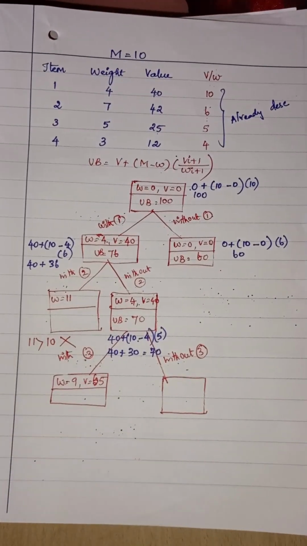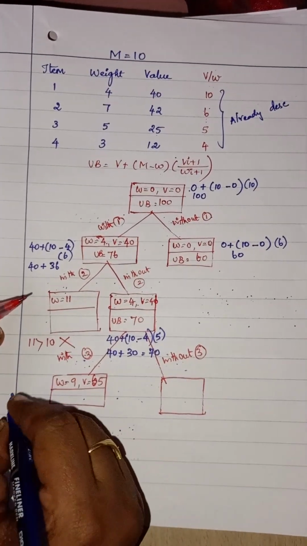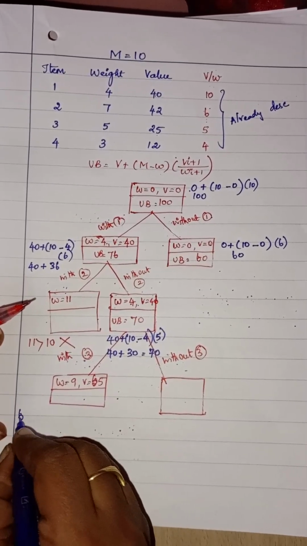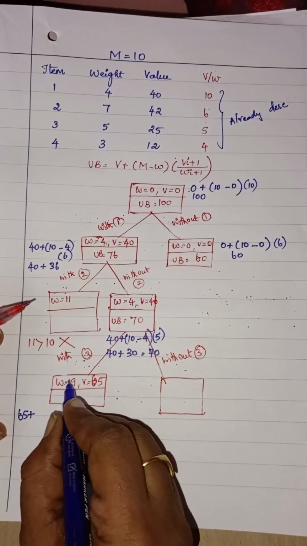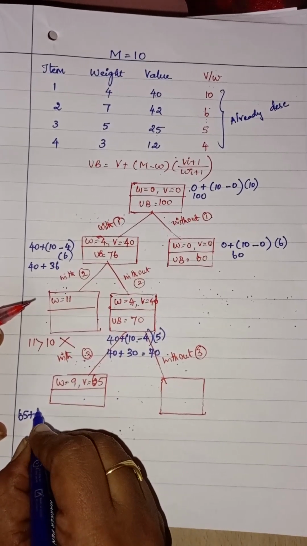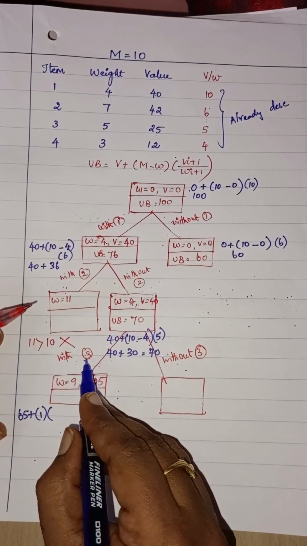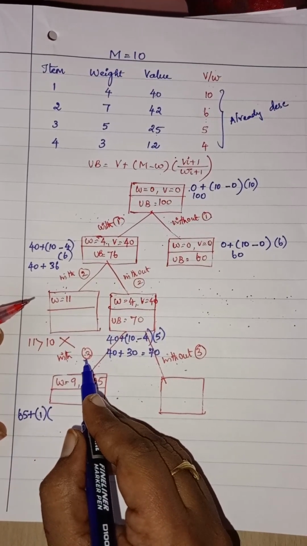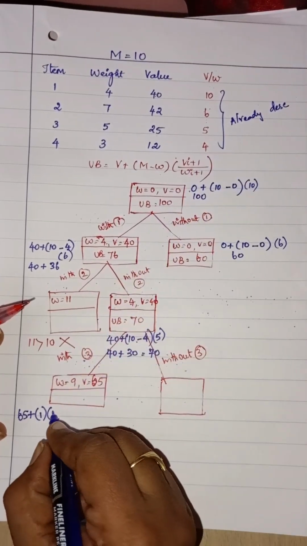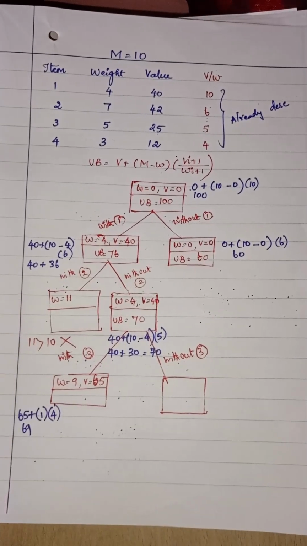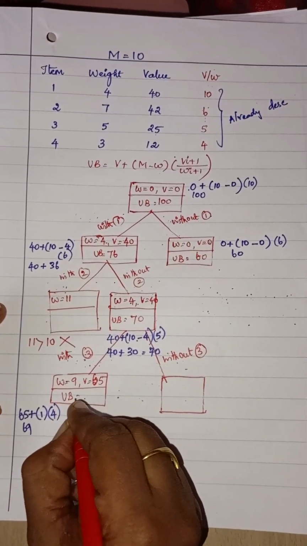I need to calculate the upper bound now. Upper bound is V plus, 65 plus M minus W, that is 10 minus 9, will be 1, into, since I am dealing with item 3, the ratio should be of item 4. It is 4. So 65 plus 4 will be 69. So the upper bound here is 69.